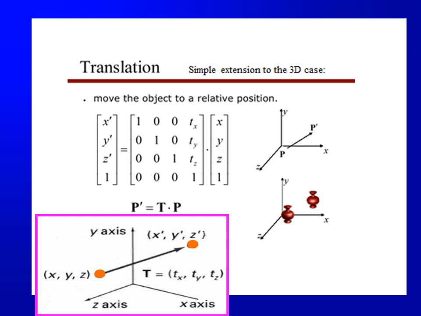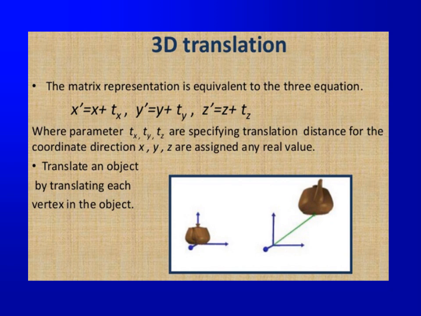So basically, see this diagram, okay, if this is a point P, and the coordinates are x, y, z, and if I want to replace it, this is the matrix representation of 3 equations. Okay, so we have to calculate the new coordinates.